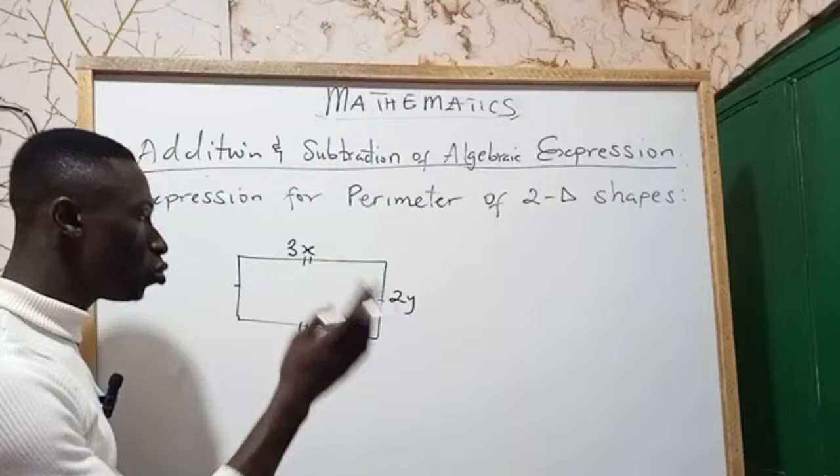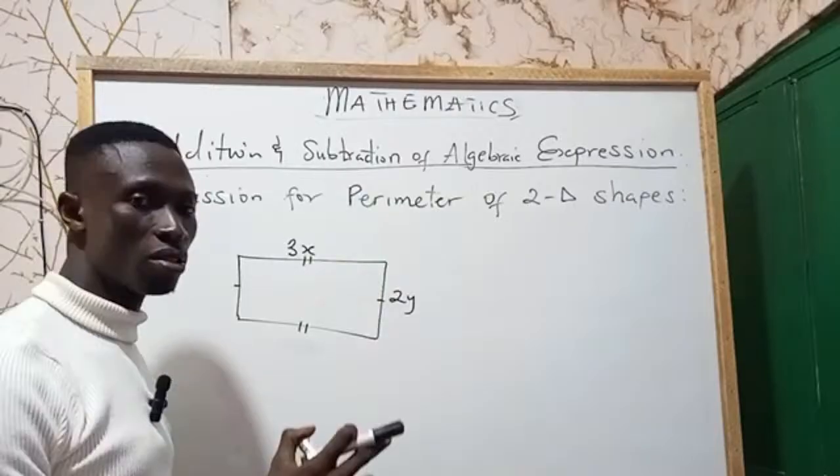Now we want to apply it in perimeter. In perimeter, we simply mean the sum total around your given shape or object. It means you want to add all of them: the length here, the breadth here, the length, and the breadth here.